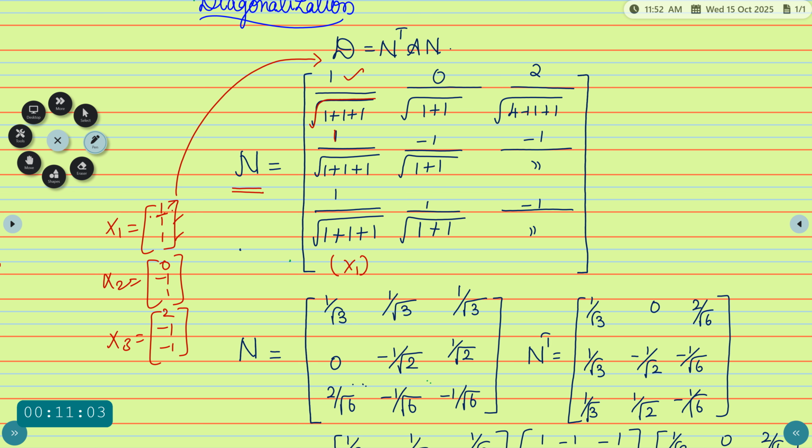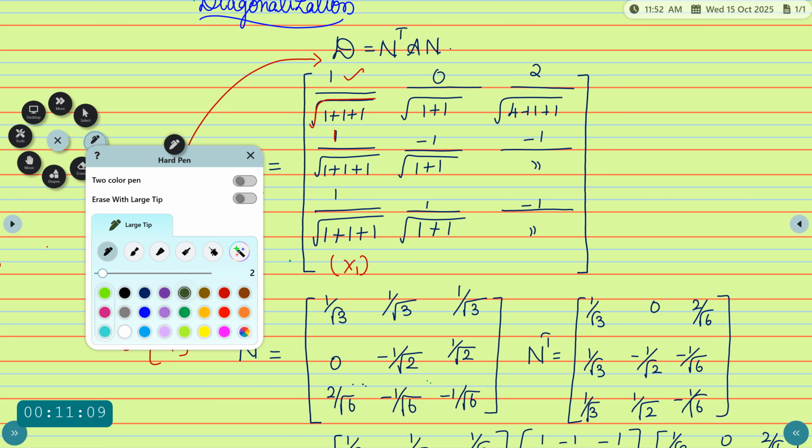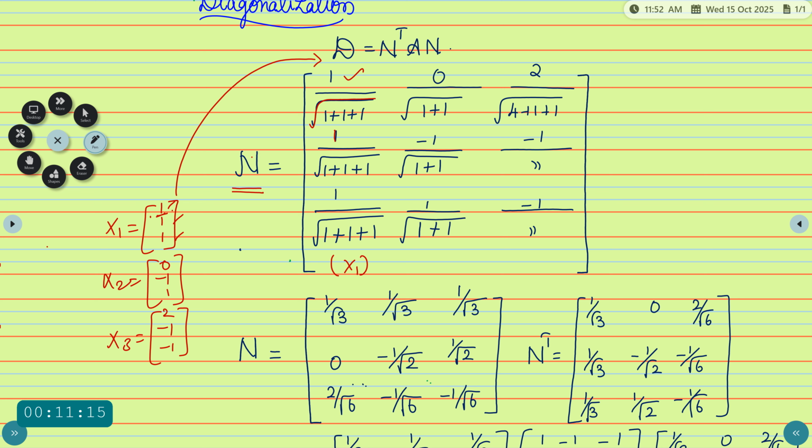Third is 1, so we get 1 divided by the same denominator. Similarly, we take the second eigenvector x2: 0 divided by the square root of 0 square plus minus 1 square plus 1 square in the denominator. Next, minus 1 divided by the same denominator, and 1 divided by the same denominator.